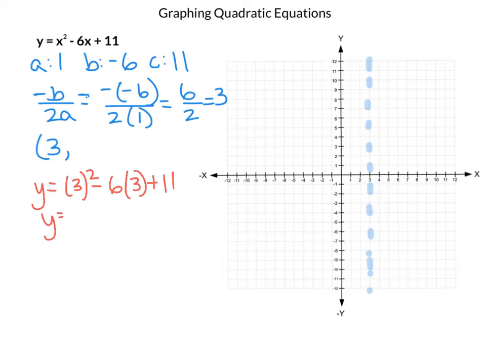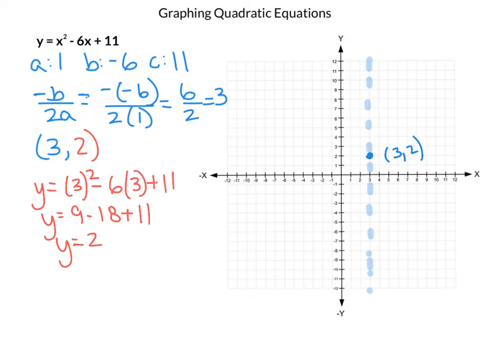Okay, so 3 squared is 9 minus 18 plus 11. So that means my y value is going to be 2. So that means my vertex is going to be 3, 2. So I'm going to go over here to my graph, and I'm going to go to the point 3, 2. And that is going to be the vertex of my graph, 3, 2.